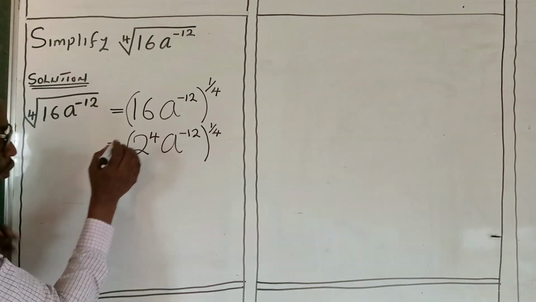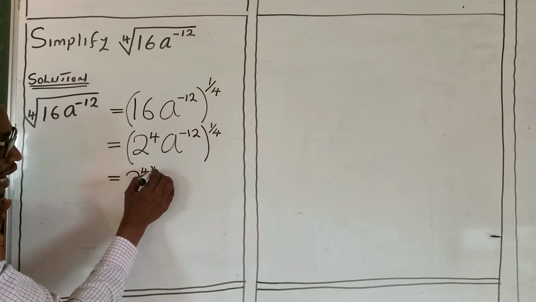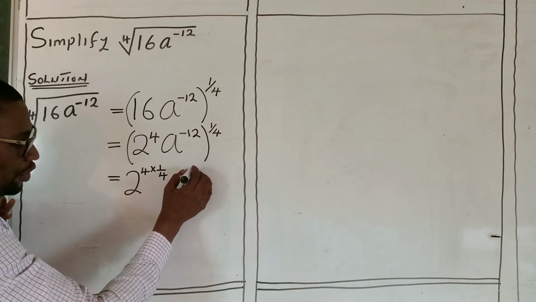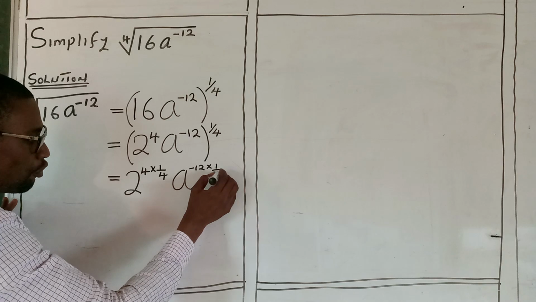So this will now give us 2 raised to power 4 times 1 all over 4, a raised to power minus 12 times 1 all over 4.